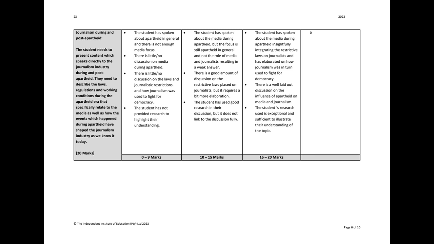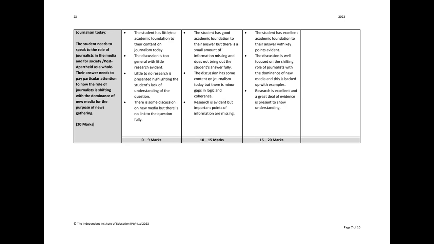And then here it's just explaining that you have not spoken about it, you have spoken about it, or you've given exceptional detail. It's a very basic rubric, but one nice thing about it is it gives you a little bit of focus.